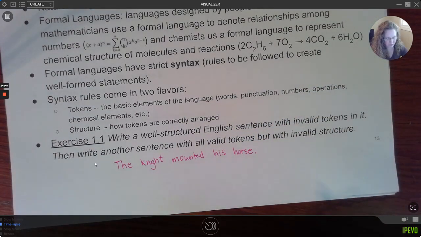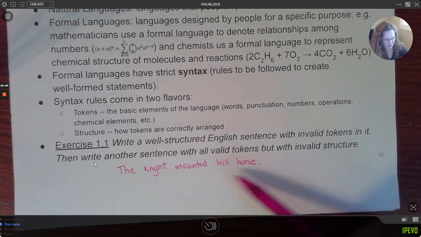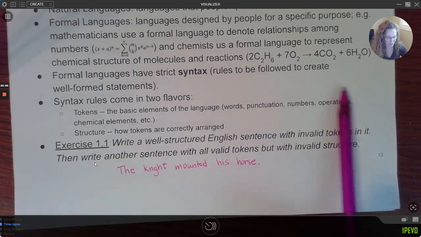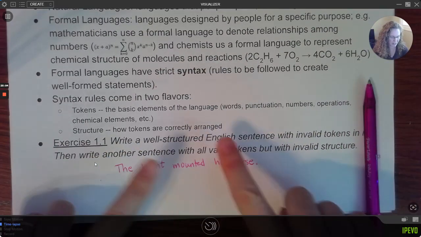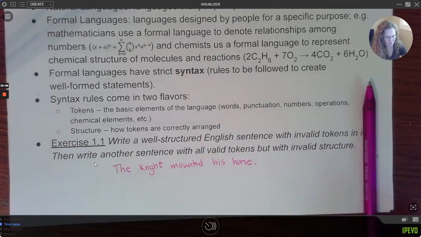The KNGHT mounted his horse. Now clearly I've probably made a spelling error here. I meant to put the knight mounted his horse, but I forgot the I. This has the right structure. It's got the subject first, then the predicate, and then a direct object.